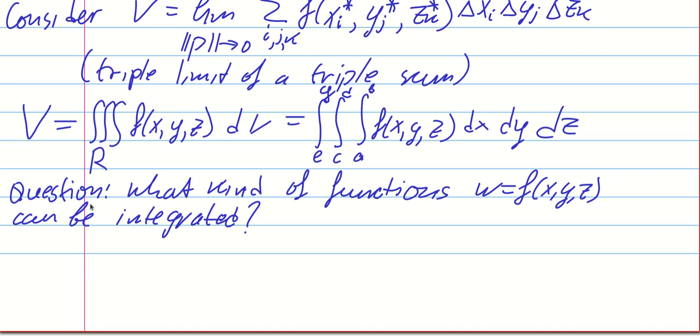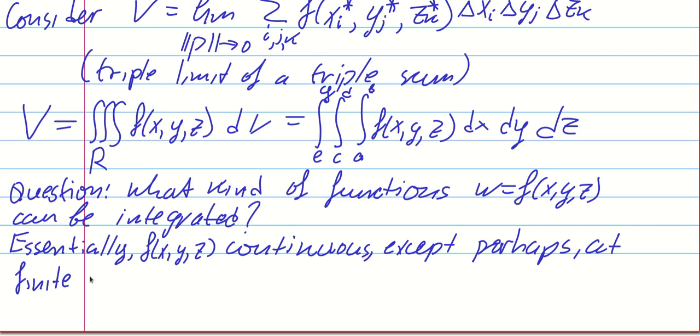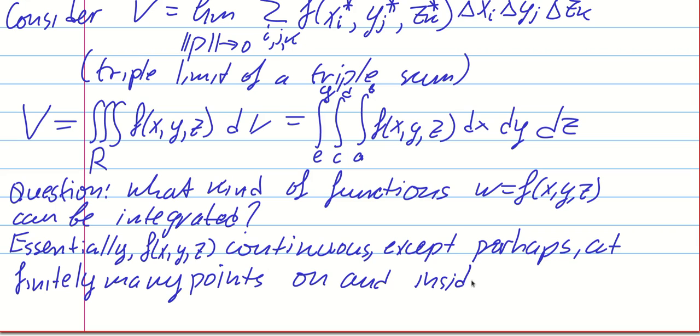We can say that if f of x, y, and z is continuous, except maybe at finitely many points on and inside the rectangular solid, it's pretty much the same as before.